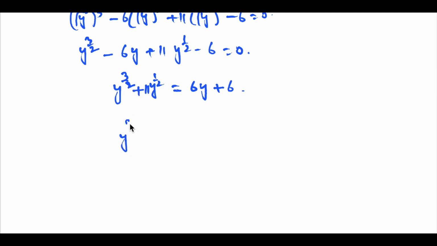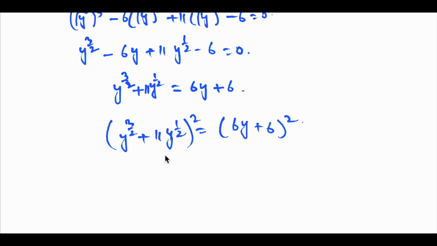So y power 3 over 2 plus 11y power 1 over 2 whole squared is equal to 6y plus 6 whole squared. The square of y power 3 over 2 becomes y cubed.